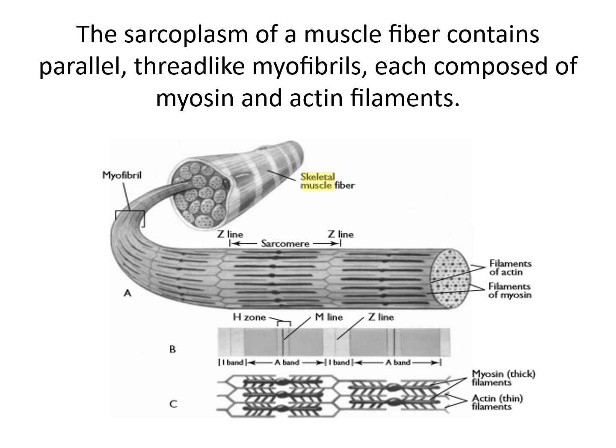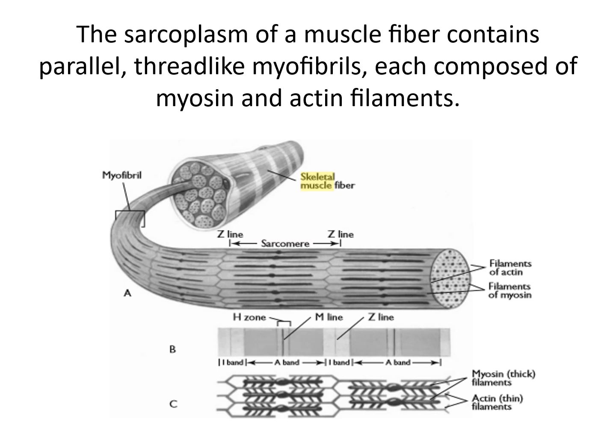The projections from the myosin filament are called cross bridges, which create physical linkages between the actin filaments during muscle contraction. In relaxation, no cross bridges are formed.